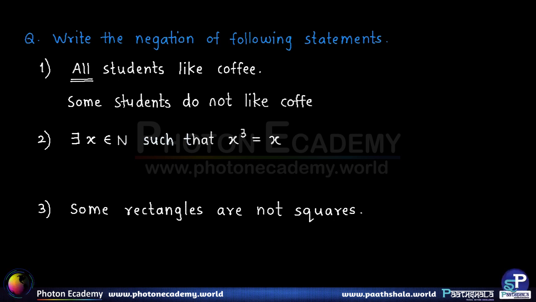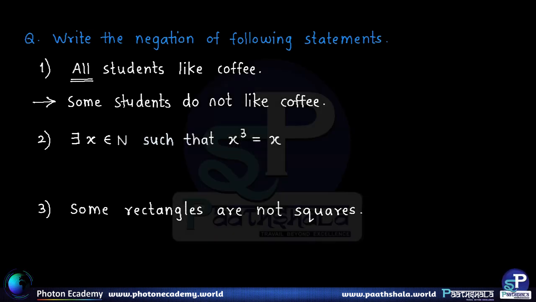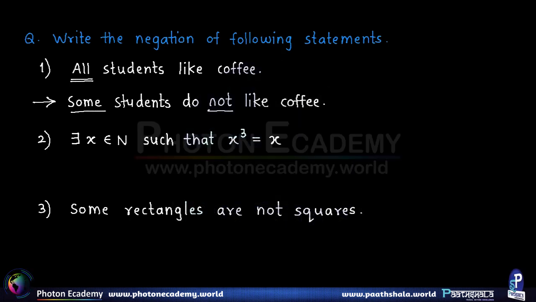To negate means to contradict what is being said. So when someone declares that all students like coffee, to counter that we must show that there are at least some students who do not like coffee, and that will negate the original statement. So "all" is replaced with "some" and the negation is introduced.